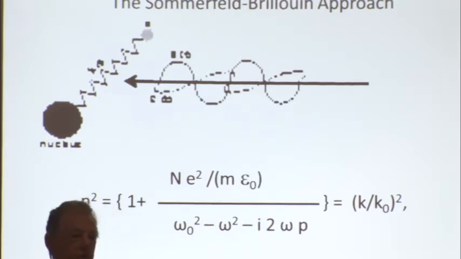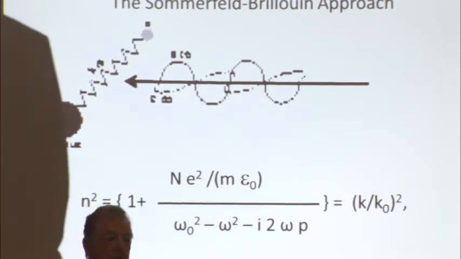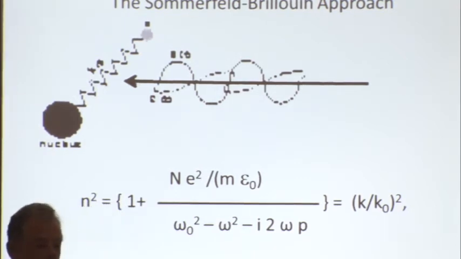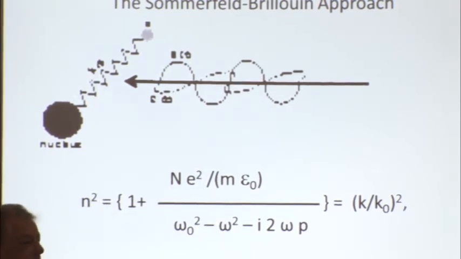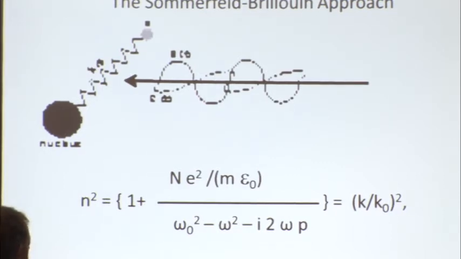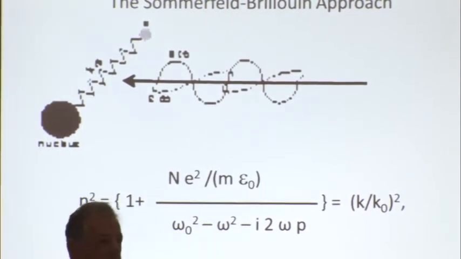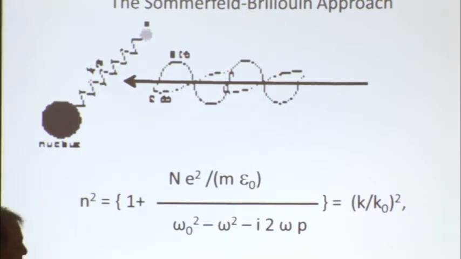That's a dipole, like in a water molecule, where we have a dipole oscillation, and this is called the Lorentz oscillator. And they studied the interaction of an electromagnetic wave with such a dipole oscillator. And the formula for this is given in every textbook.